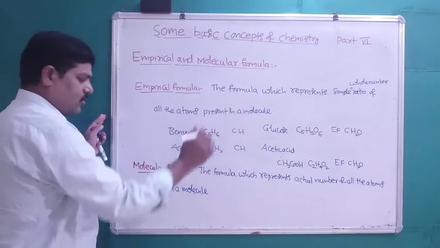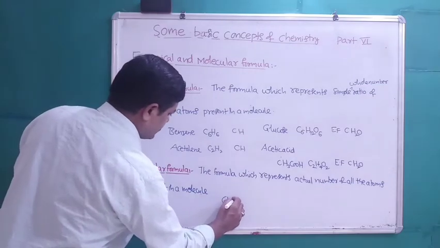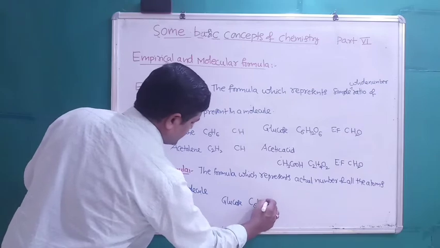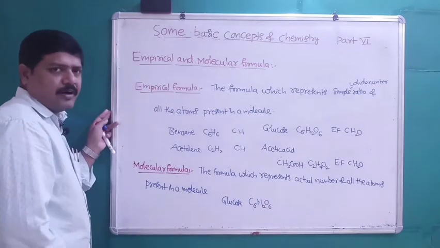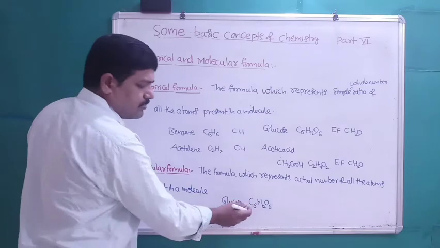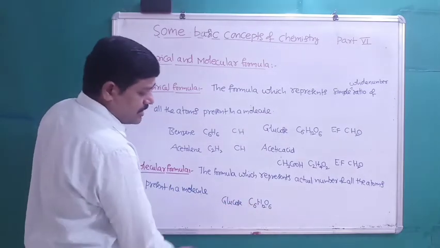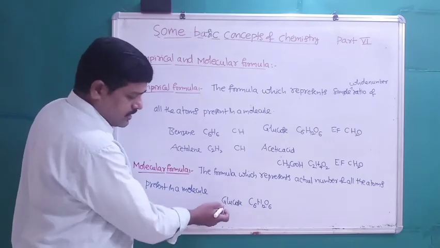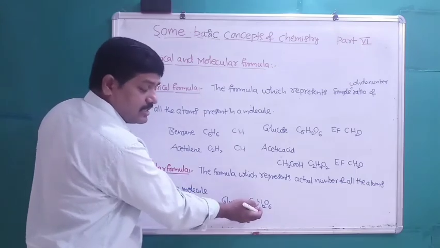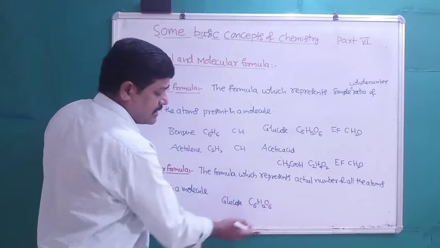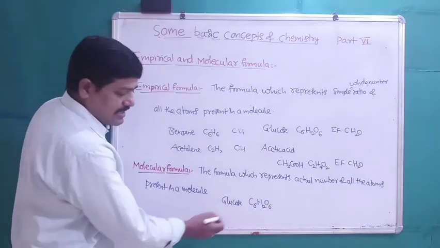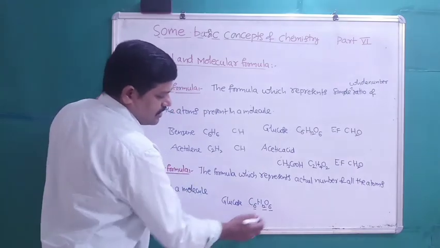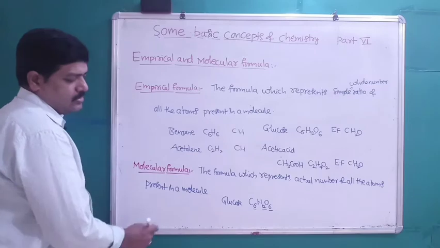Students, for example, in the glucose case, glucose molecular formula is C6H12O6. So a molecular formula gives the actual number of all the atoms present in a molecule. Here the glucose molecular formula C6H12O6 indicates one molecule of glucose has 6 carbon atoms, 12 hydrogen atoms and 6 oxygen atoms.